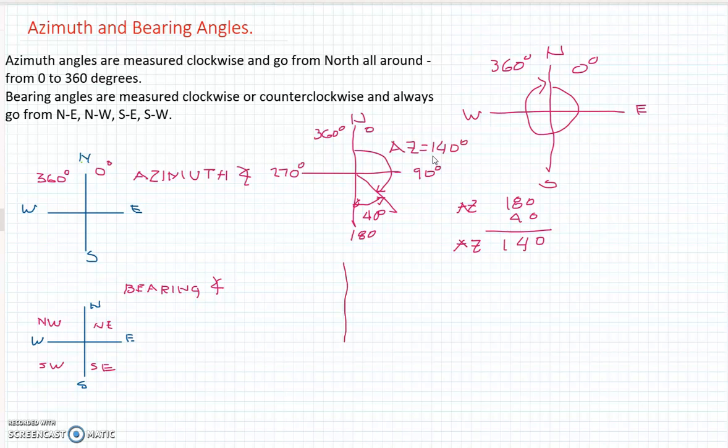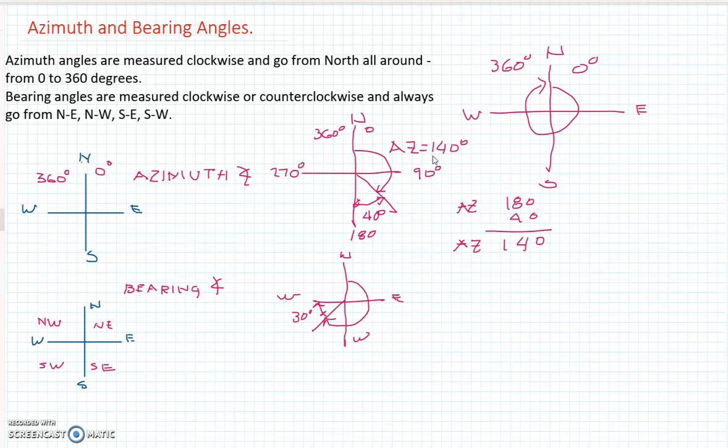I have another example over here. Supposedly they give you this is north, west, east, and south. They give you this angle over here of 30 degrees, for example. And they ask you for your azimuth all the way from north.